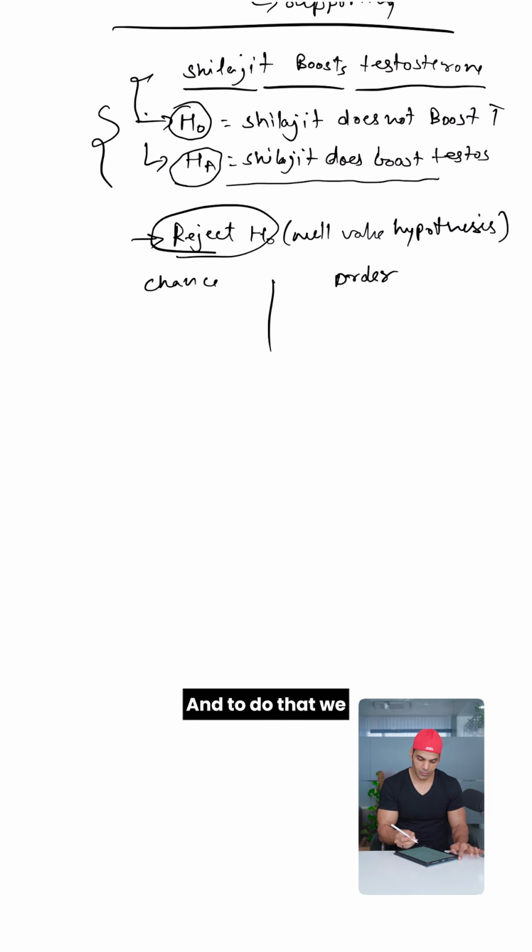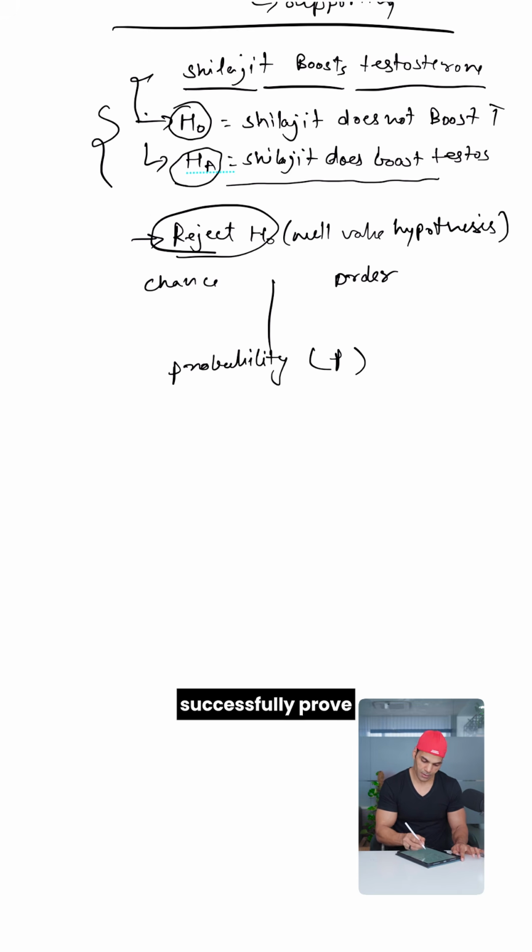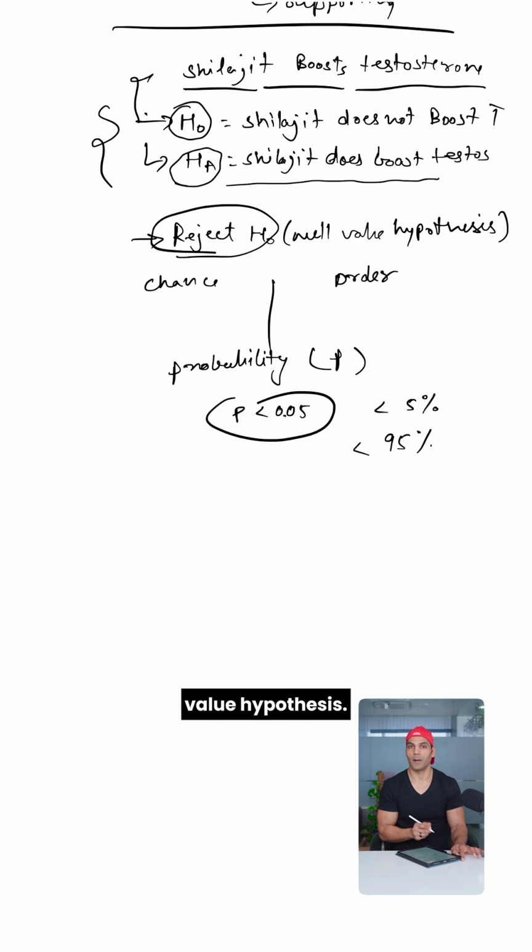And to do that, we use something which we call probability. Assume probability is written as P. So if we can successfully prove that the chance of this happening is less than 0.05, or less than 5%, which means 95% of the results are not due to chance, then we have successfully rejected the null value hypothesis.